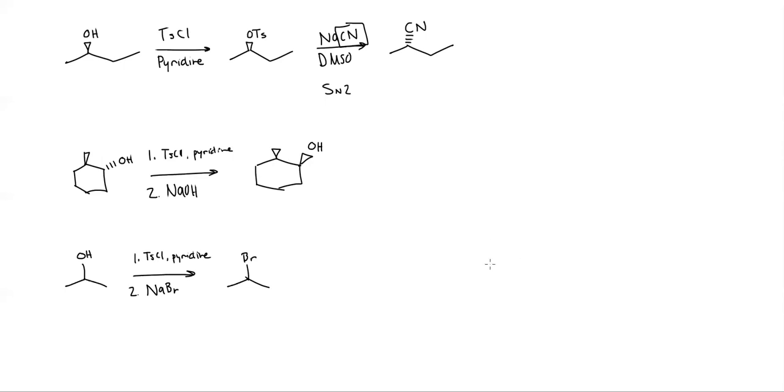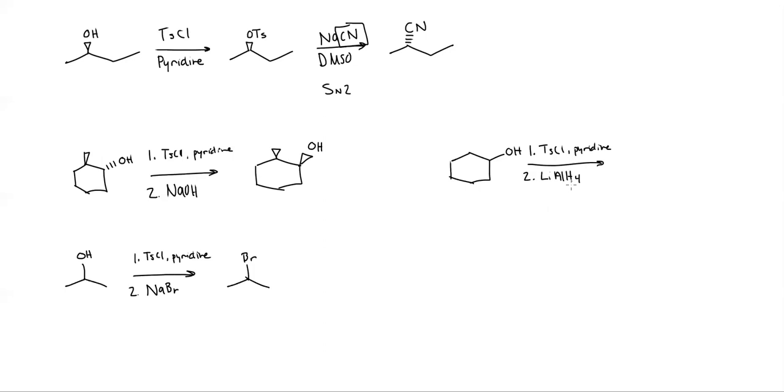Finally, another important reaction that I can do here is I can actually completely get rid of the alcohol in some cases. So if I take, I don't know, let's say we take this one. So we take this alcohol, and then we put in TsCl with pyridine, and then as a second step, we put in lithium aluminum hydride.